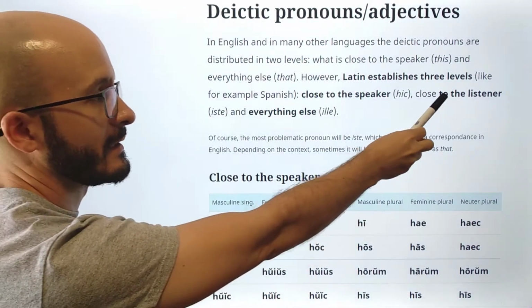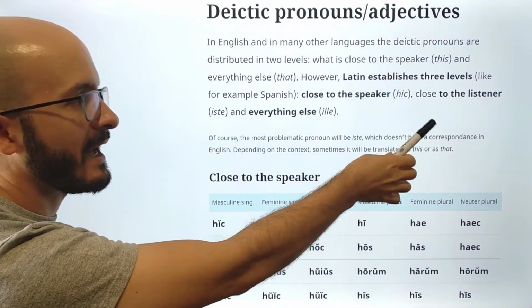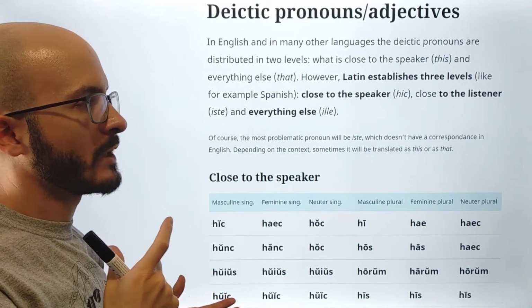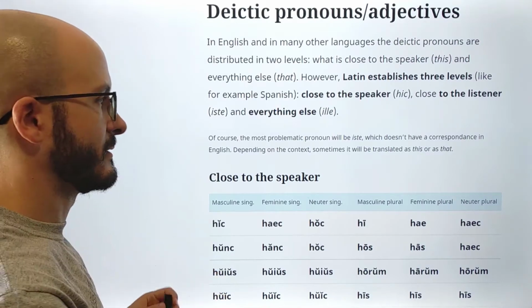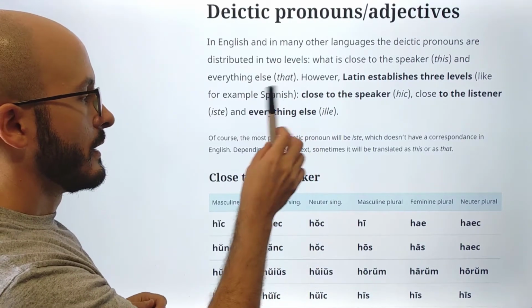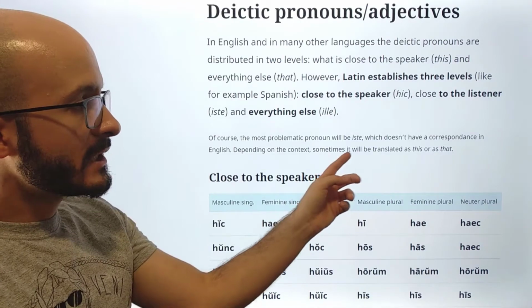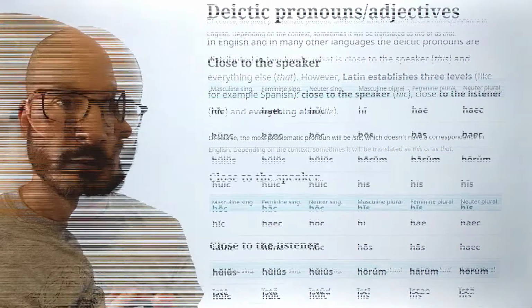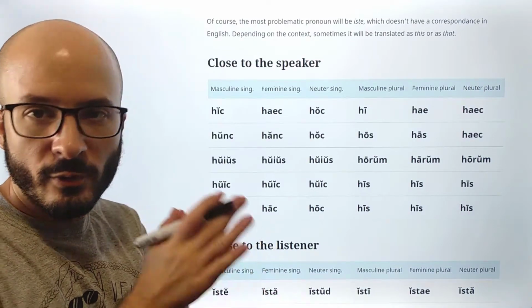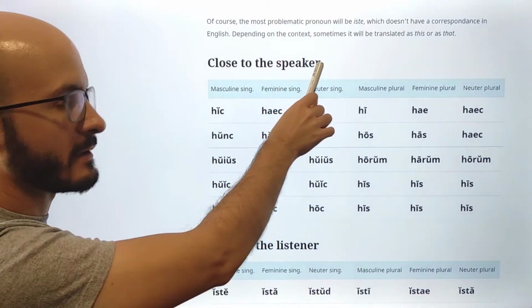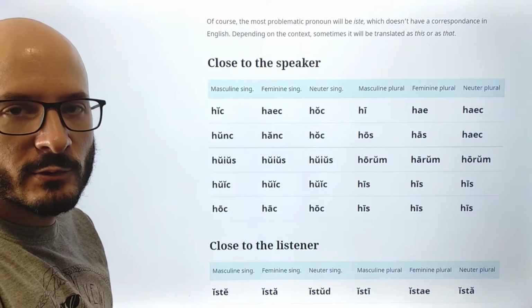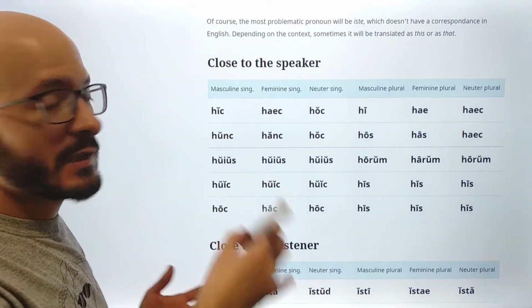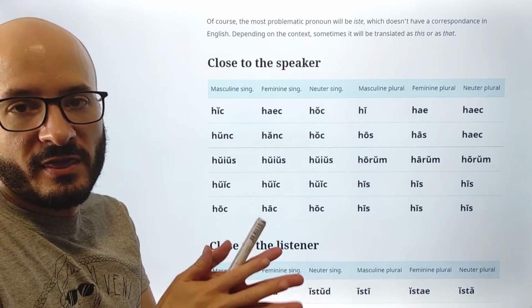But of course, in English, you don't really have an equivalent to iste, what is close to the listener. So depending on the context, sometimes it will be translated as this or as that. So now is the time for the tables. Close to the speaker, which is proximity to the speaker, near the speaker, okay? Which is pretty much the equivalent of this.